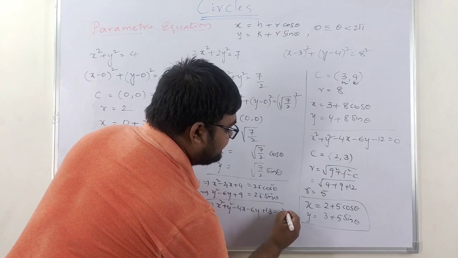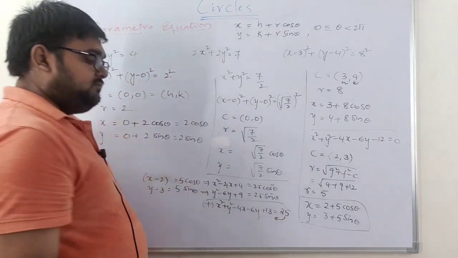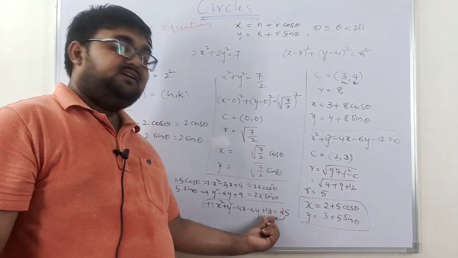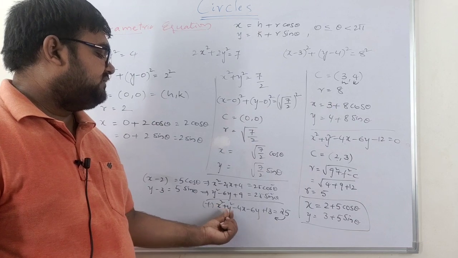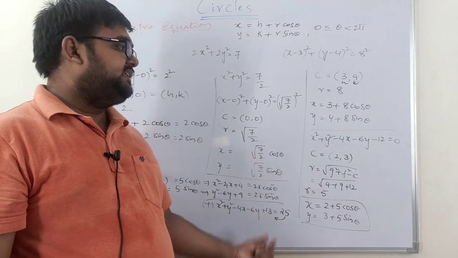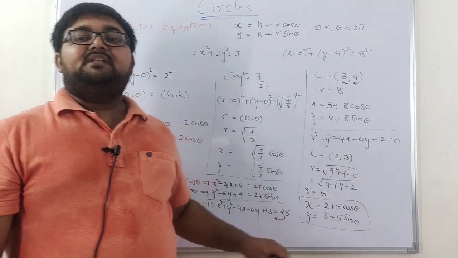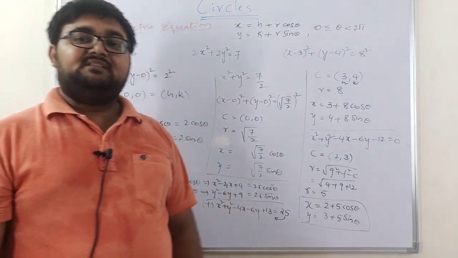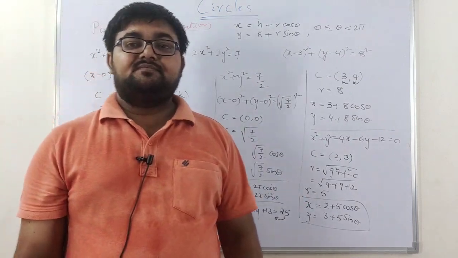That means on the right hand side we are going to get 25. If you transpose this 25, 13 minus 25 is minus 12. So if you observe, x square plus y square minus 4x minus 6y minus 12 equals 0. We are getting the same equation, right? So the parametric equation is nothing but the other form to represent the given equation.